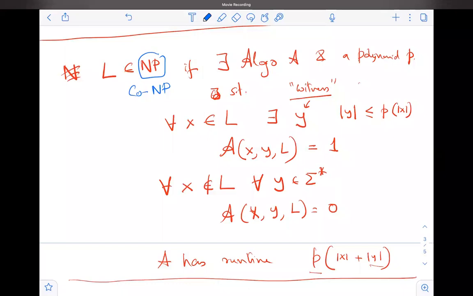In co-NP, instead of this for all, this becomes there exists, and this becomes for all. That's the flipping of this side, meaning the fact that there doesn't exist a solution has a proof.